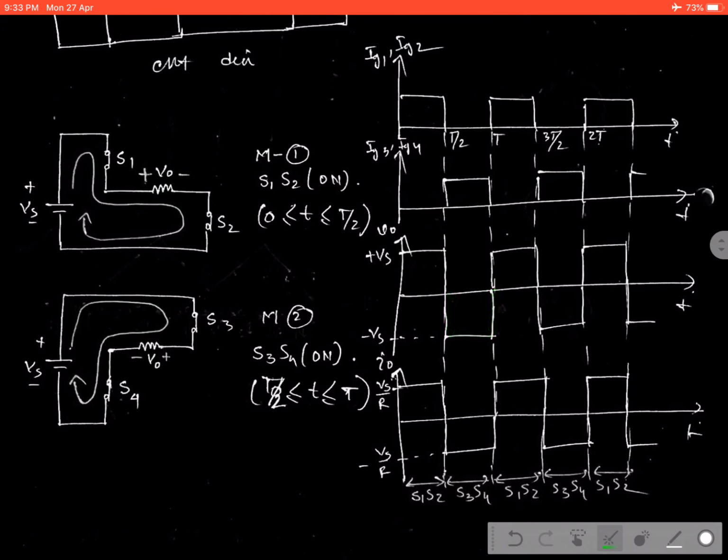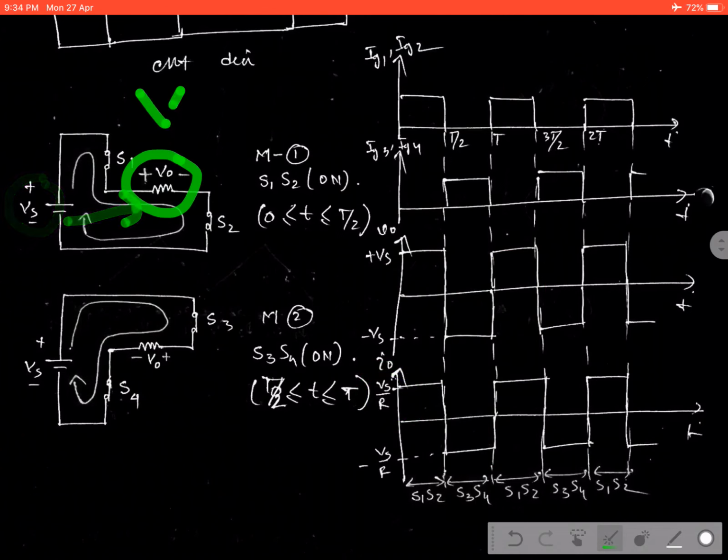As we are using a resistive load, the voltage and current will both be in the same phase. That is why the output current will follow the output voltage, right? And the magnitude of the current should be equal to Vs by R, as Vs is the input voltage which will be reflected on the load.